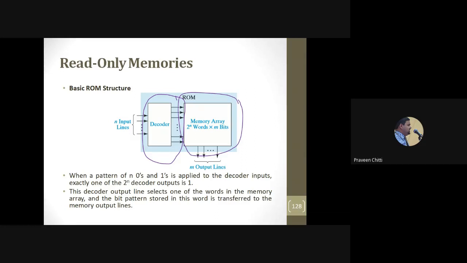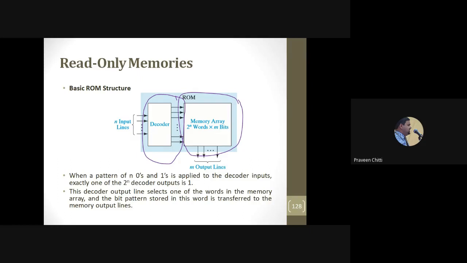Already we have discussed how many inputs and outputs a decoder has. In general, a decoder will have n inputs and 2 to the power n outputs. So whenever you give an n-bit input to the decoder, it will make one of the 2 to the power n outputs active, and for whichever output of the decoder is active, that particular memory location of the ROM is accessed.